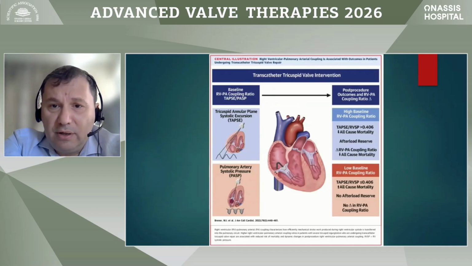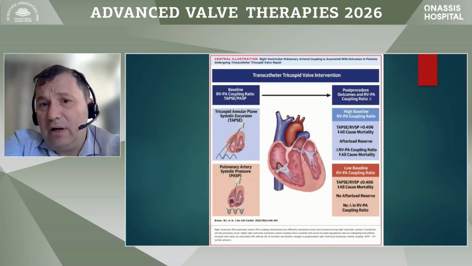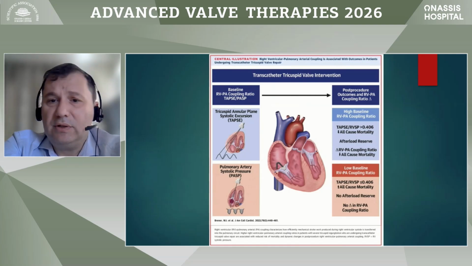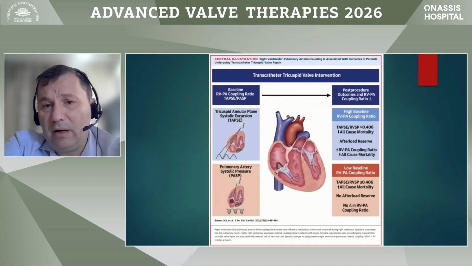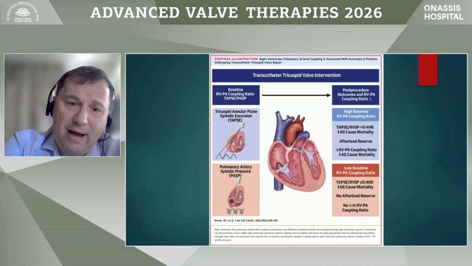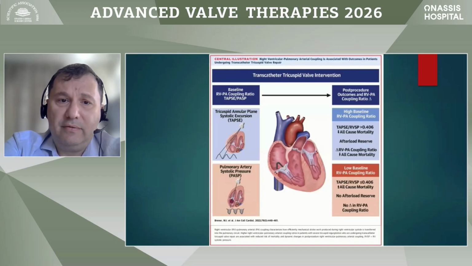There is, of course, the well-known TAPSE to RVSP, that if it's more than 0.4, carries a good prognosis for the patient after the intervention.